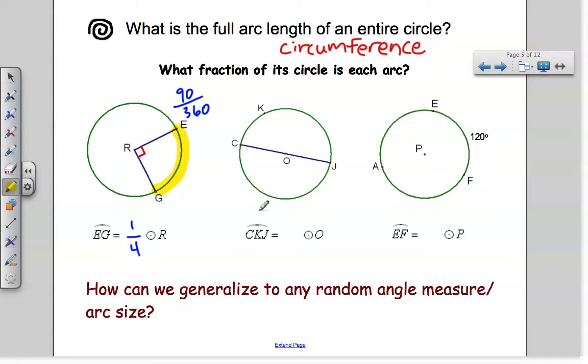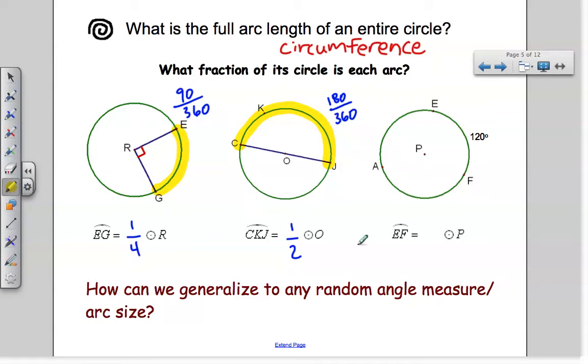What if here I wanted the portion of the circle that arc CKJ is? That's this entire arc. How much of the circle's circumference is that? Well, I think right away you're telling me that's half of the circle, isn't it? Because it's a semicircle. We're looking at 180 degrees out of 360. We're looking at half of the circle, circle O in this case.